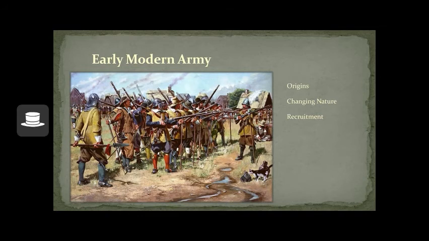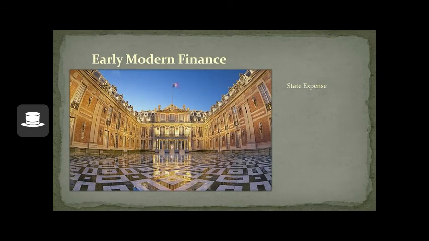Now, critical to all of this was going to be money. Because by medieval standards, early modern government was astronomically expensive. Warfare, to train and equip all these people, was astronomically expensive by the standards of the day.